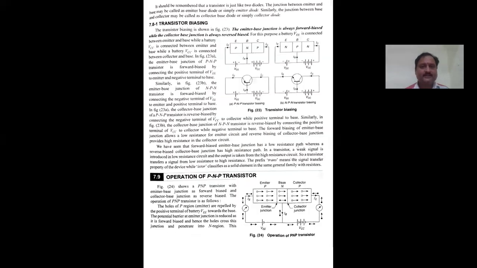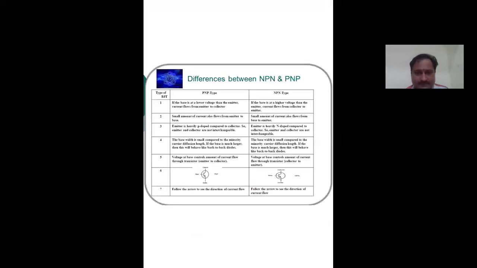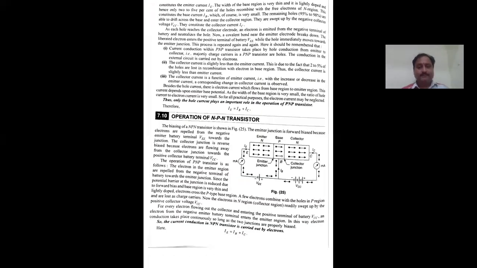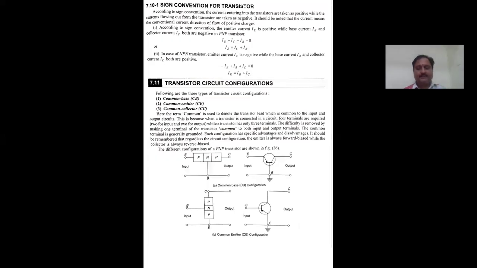Because in the NPN transistor, the voltage at the base controls the amount of current flowing through the transistor, and it can handle higher voltage. For this type of reason we prefer the NPN transistor over the PNP transistor in different circuits. Also the CE configuration over the other two.